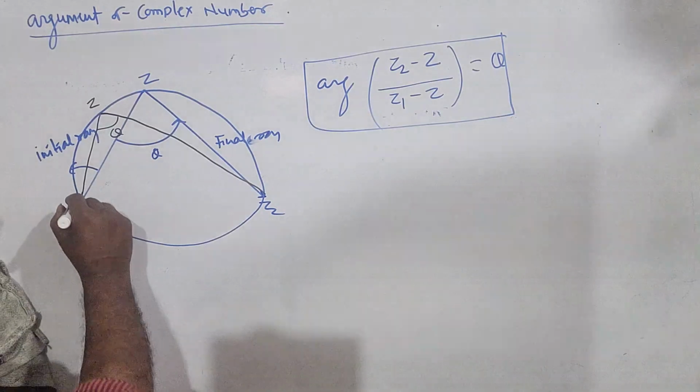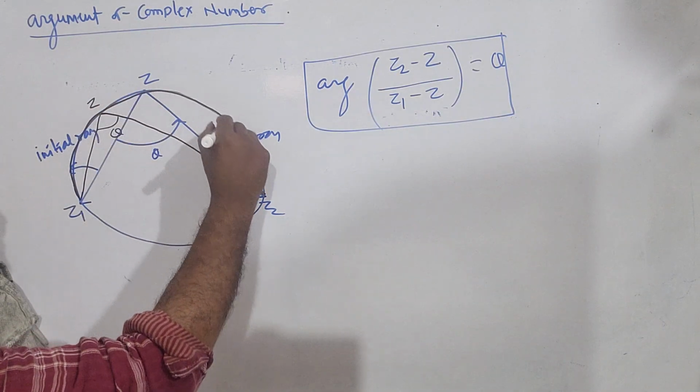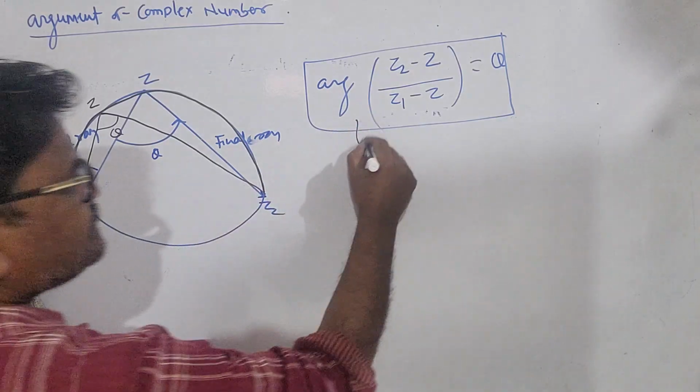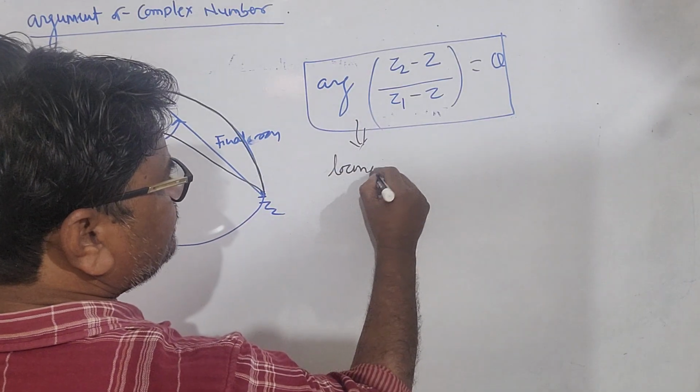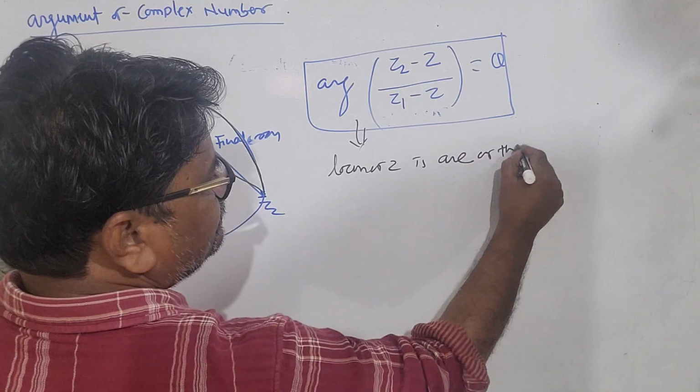Therefore Z can lie from here to here, here to here. So this represents the locus of Z as an arc of the circle.